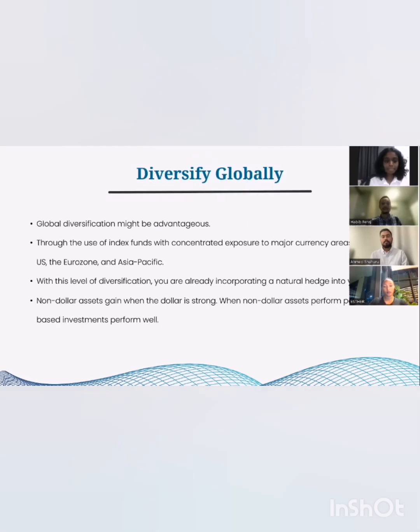So starting with diversify globally. Diversifying globally is the process of spreading investment around so that the risk of any one type of investment is limited.